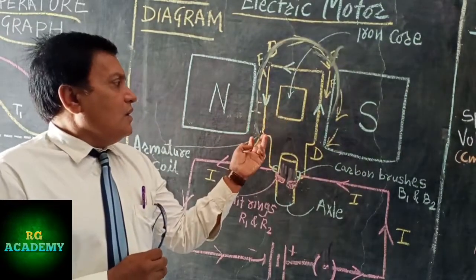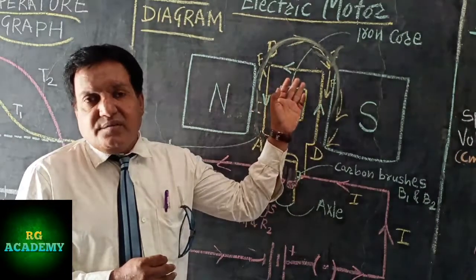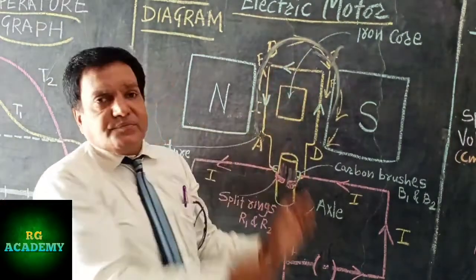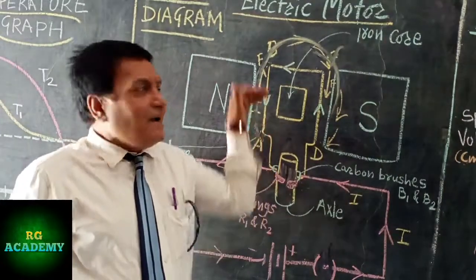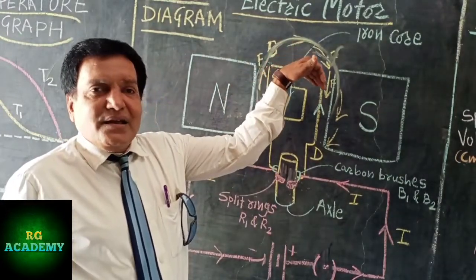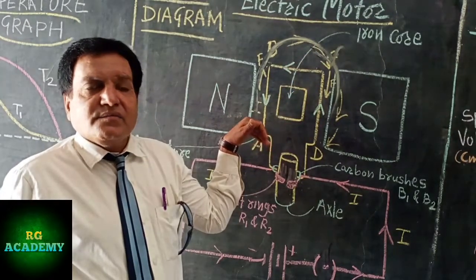The armature coil AB, while rotating, will turn by 90 degrees, 180 degrees, 270 degrees, 360 degrees.